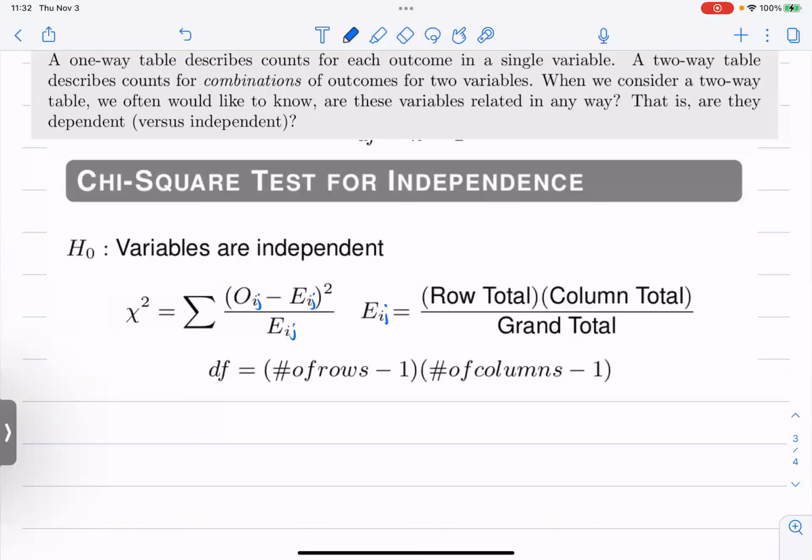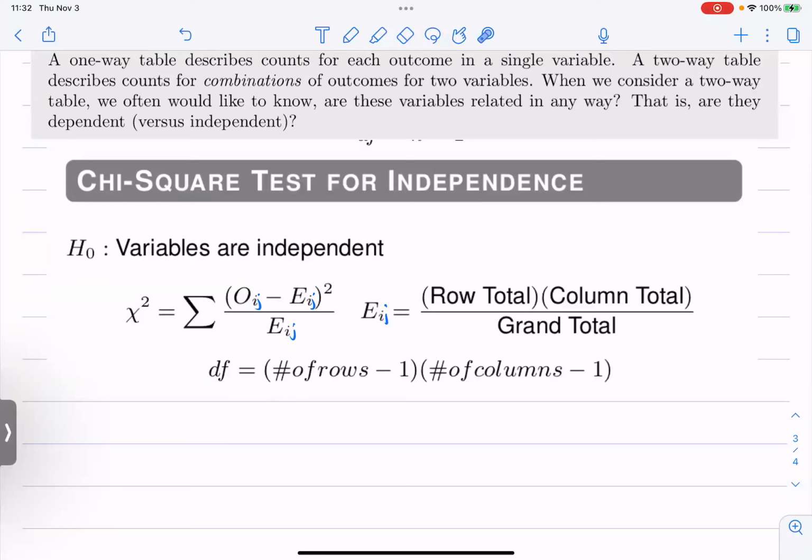In order to check, the conditions are the same, right? We still have to assume independence and we still have to have a sample size that yields at least 5 expected counts in each cell. Okay, so even if it's a 2x2 or a two-way table, we still need those expected counts.